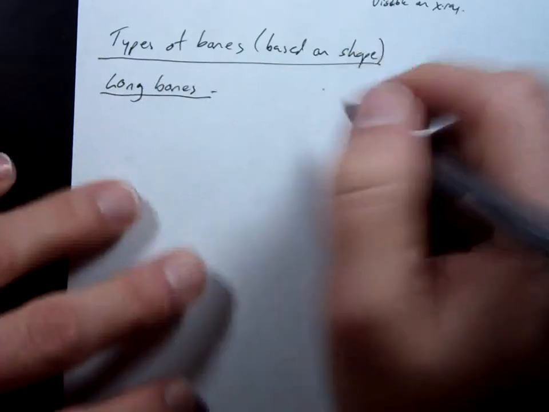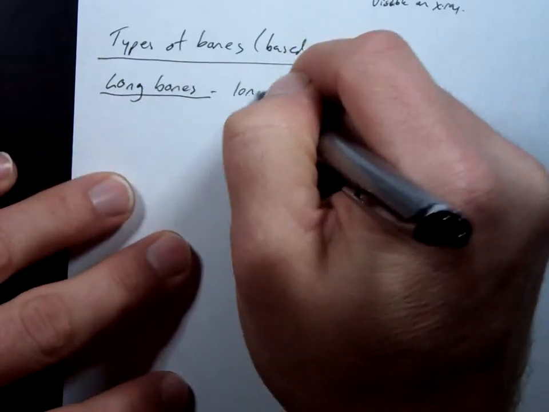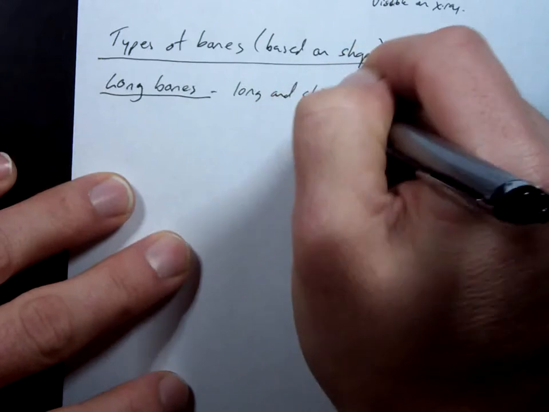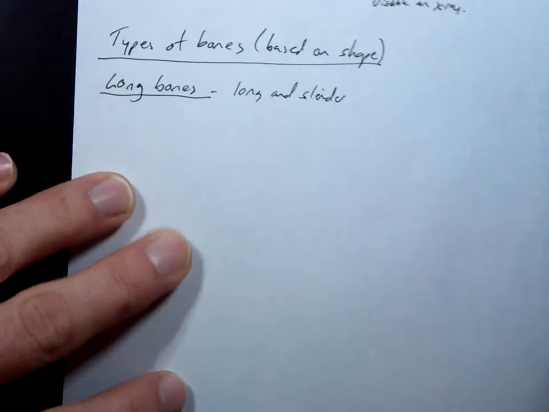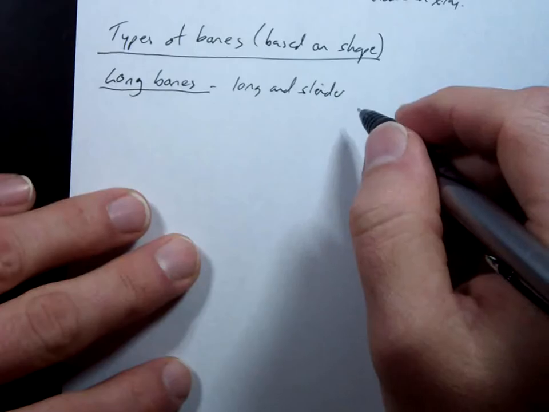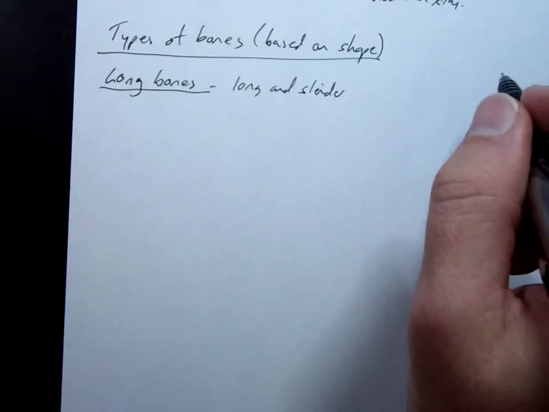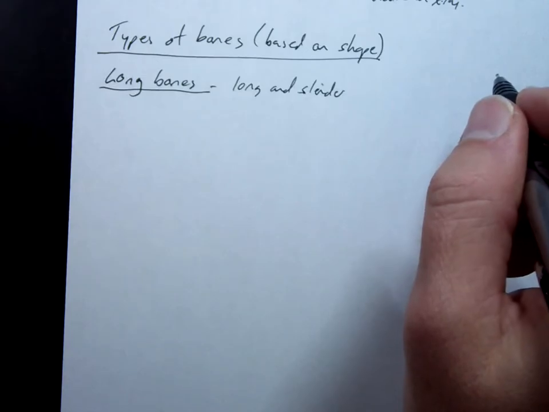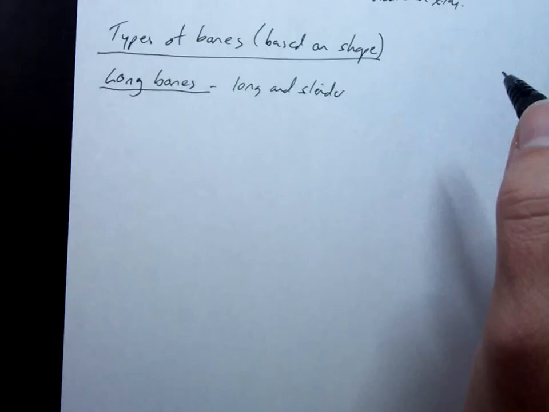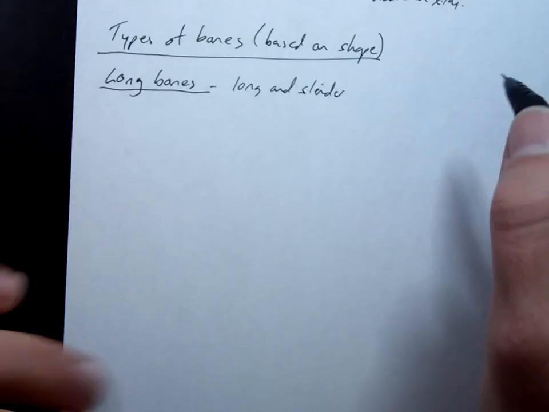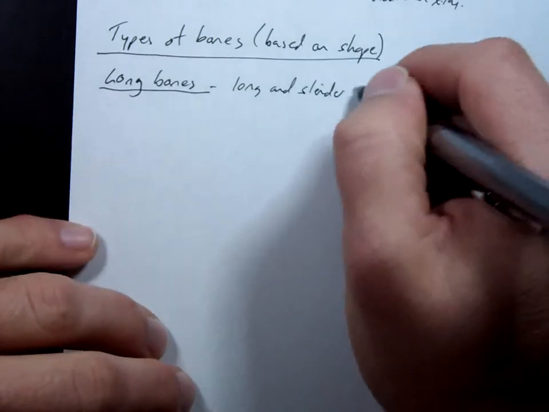They are, like their description, long and slender. Note that long is relative. The really small, really short bone that is the middle phalanx of your little toe is still considered a long bone, and your femur is also a long bone. So basically, if we're able to break it down, it'd be this.